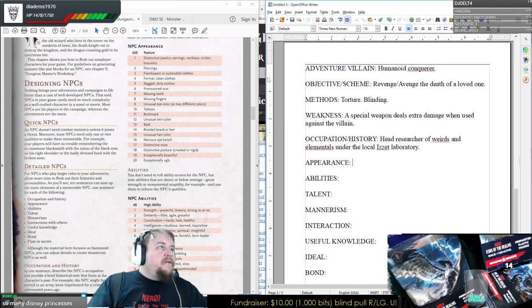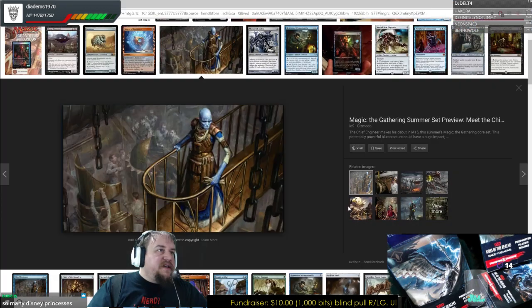All right, so the appearance of this Vidalkin, who I think we styled after this character here, the chief engineer, right? Someone who's overlooking all the things that are happening down below and the assemblies and the plans.